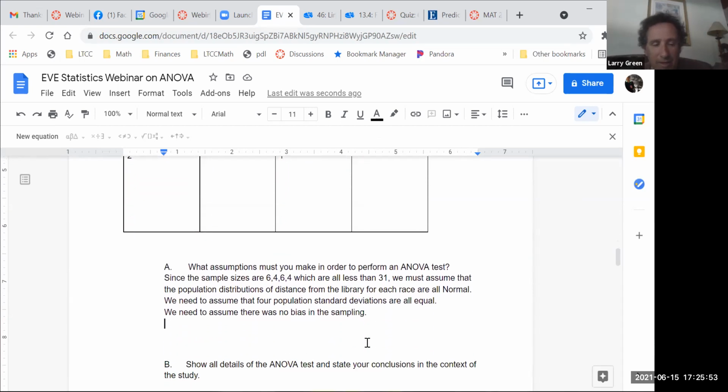So maybe we can just say we need to check to make sure that the four groups were independent of each other. They probably are, but it doesn't say it, so we've got to check.